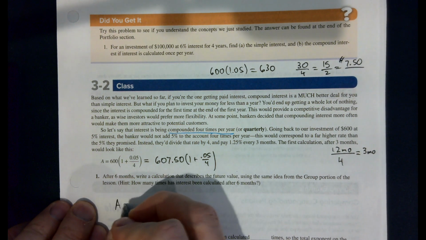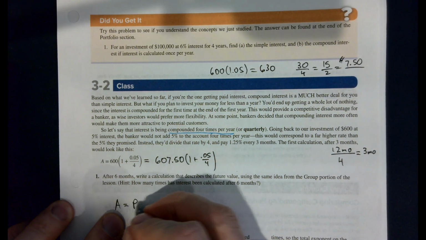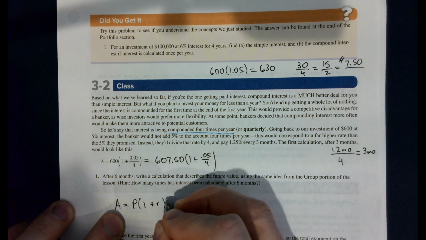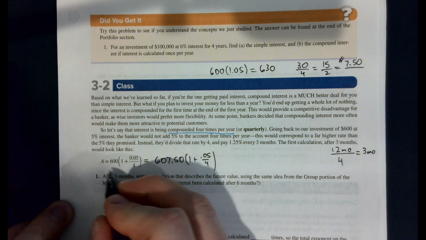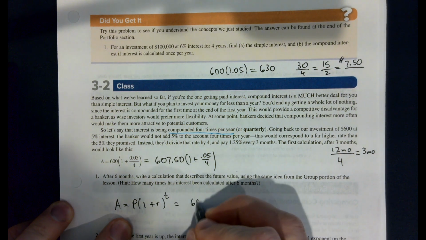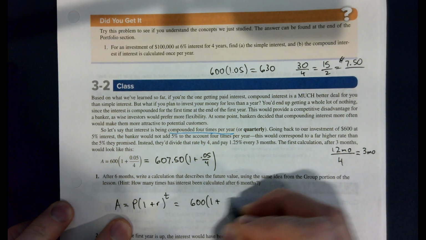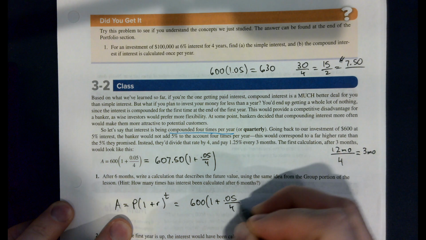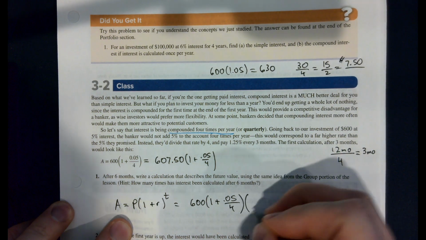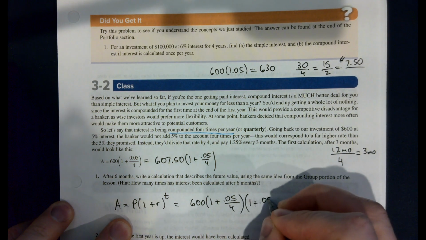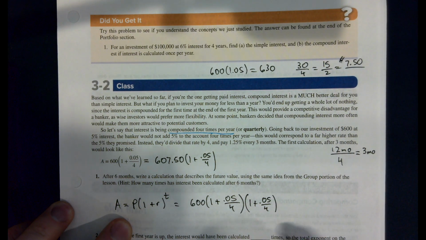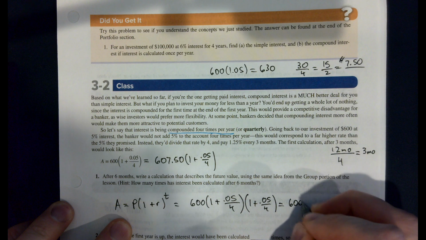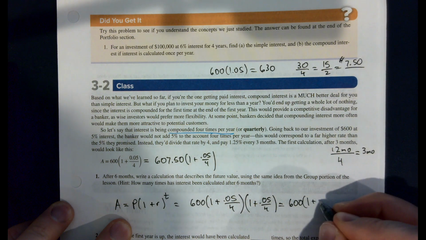We'll recall future value is A equals P times 1 plus r to the t power. And what's happening is we're going to do this one twice. So we've got 600 times 1 plus 0.05 divided by 4, and then we're going to do a second one of these. Of course, remember, when you're multiplying by the same thing repeated amounts of time, that means we can simplify that by using an exponent.